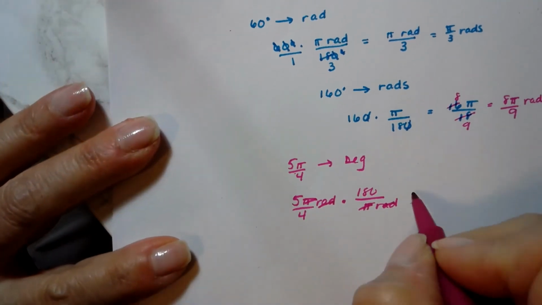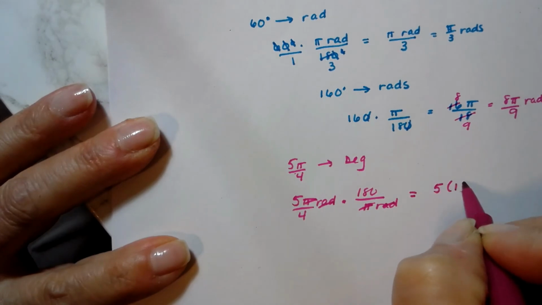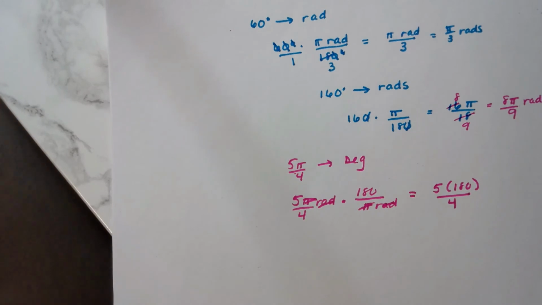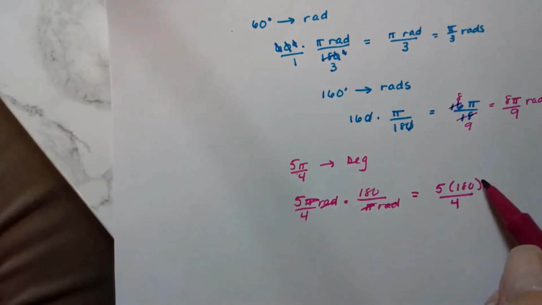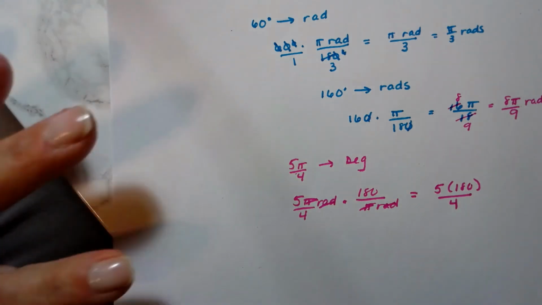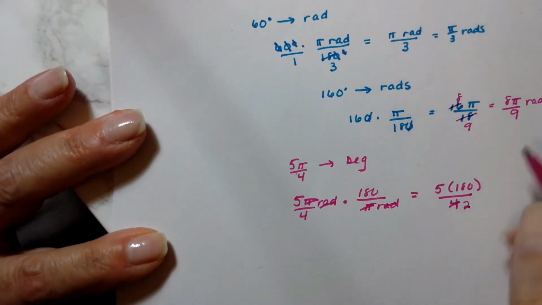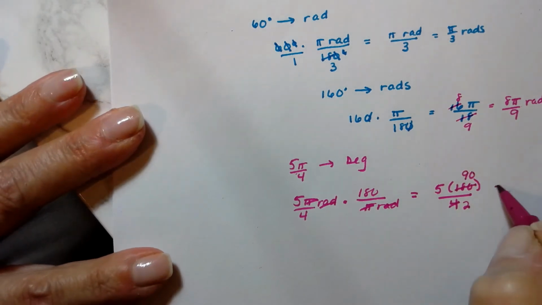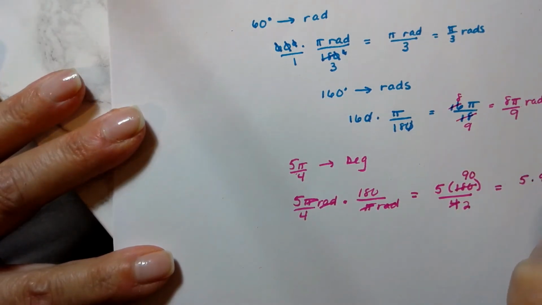Anyhow, what we're left with is 5 times 180 on the top over 4. And now I can start to see that these two numbers are even. Maybe I can find a number that divides evenly into 4 and 180. Well, there is: 2. 2 goes into 4 twice. 2 goes into 180 90 times. So that leaves me with 5 times 90 over 2.